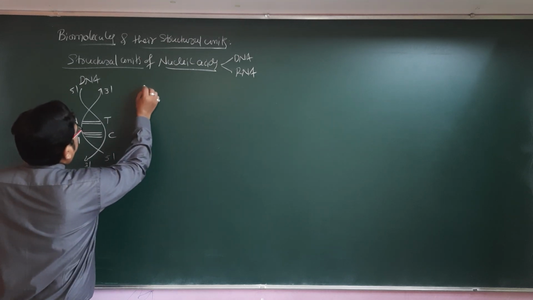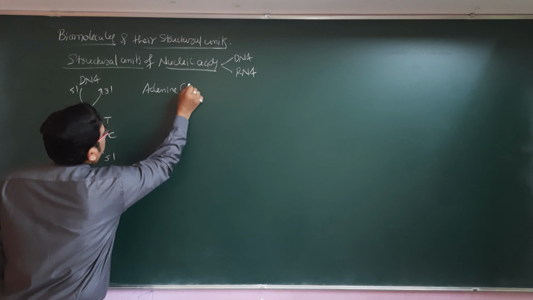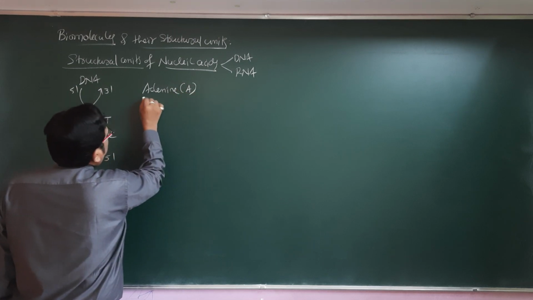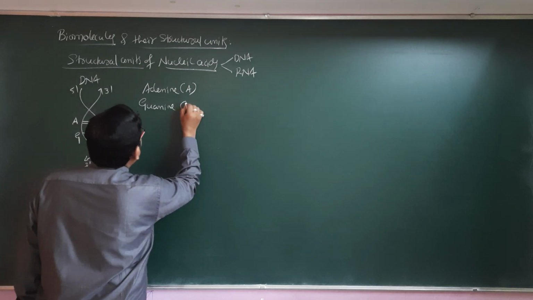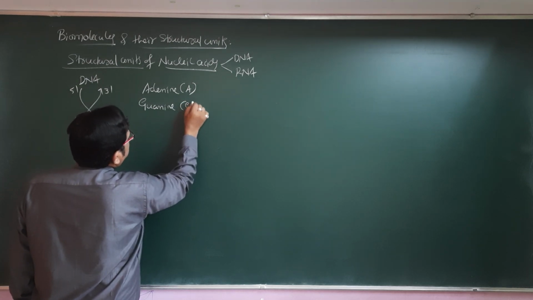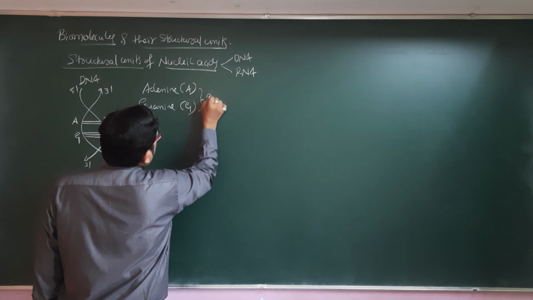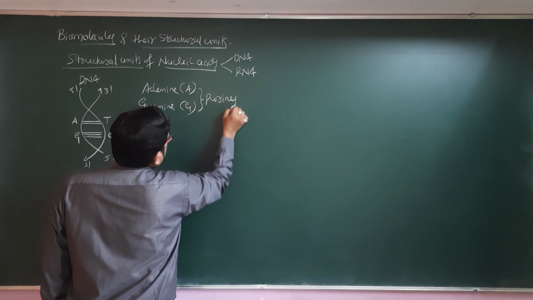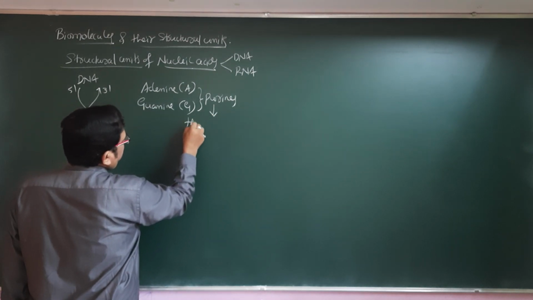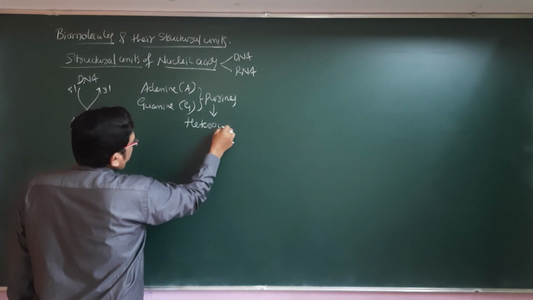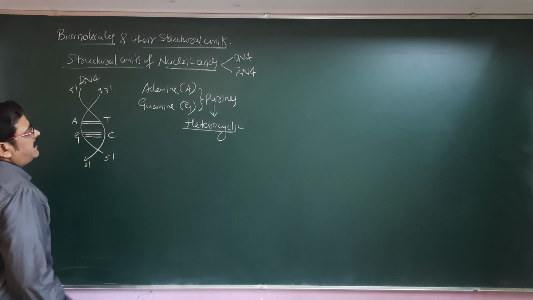When we say adenine, A, and guanine, G, these are called purines, and purines are heterocyclic compounds.